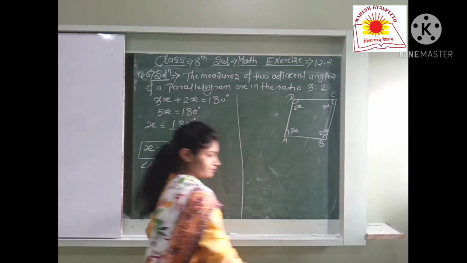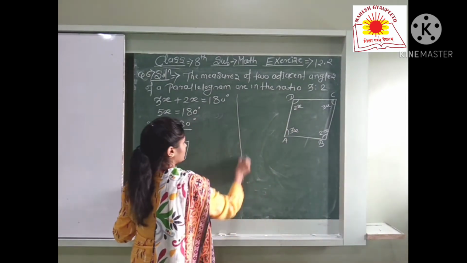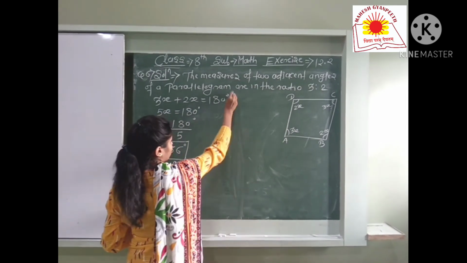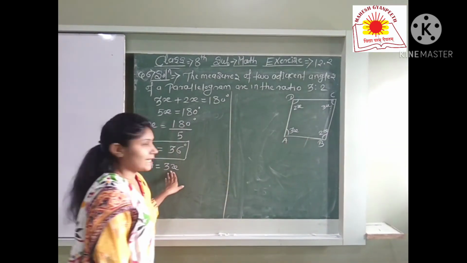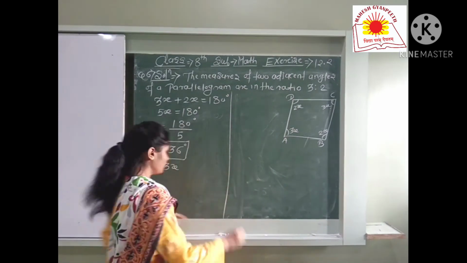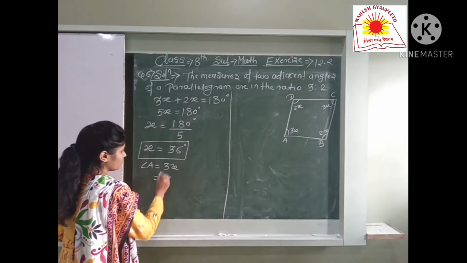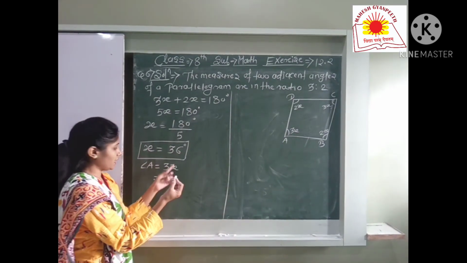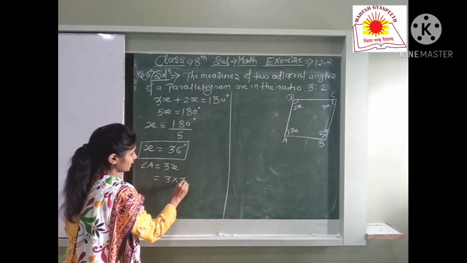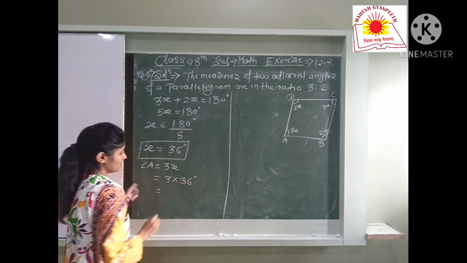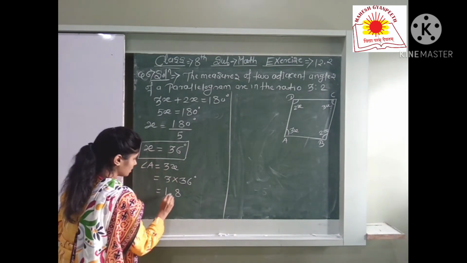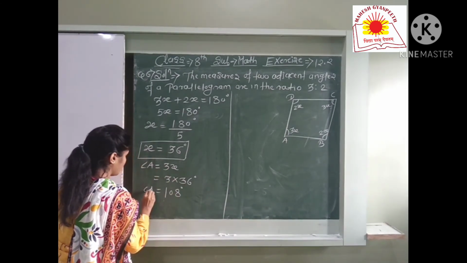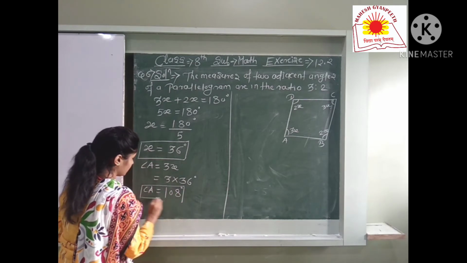Okay, then next, first we have to find the angles one by one. How to find angle A? Angle A is 3x, so we need the value of x. 3 multiplied by 36: 3 times 6 is 18, 3 times 3 is 9, plus 1 is 108. So angle A is equal to 108.